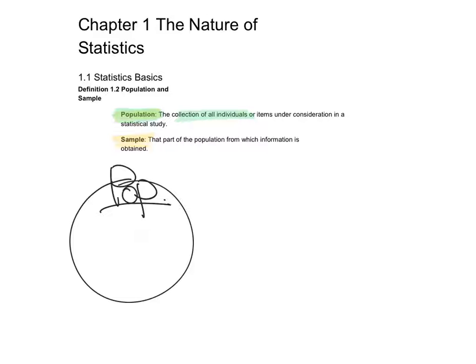So the UAFS might be the population. I think we have 5,000, 6,000 students, right? So now I can say a collection of all students who registered fall 2020. That can be the population, okay?